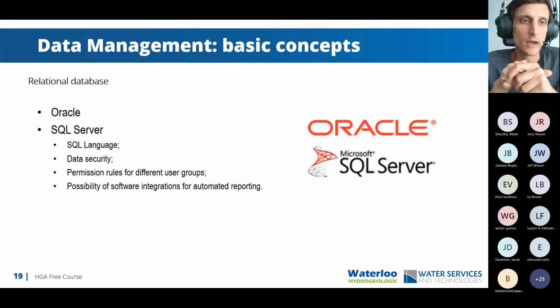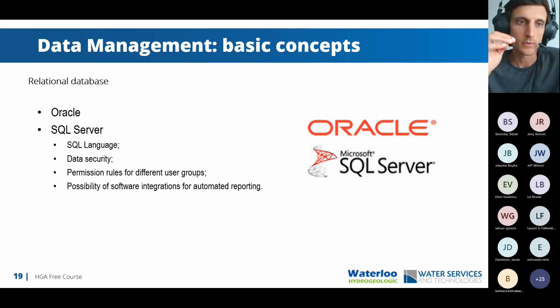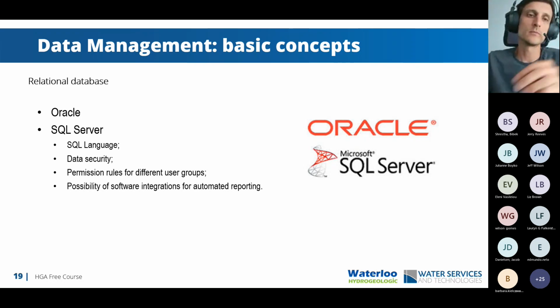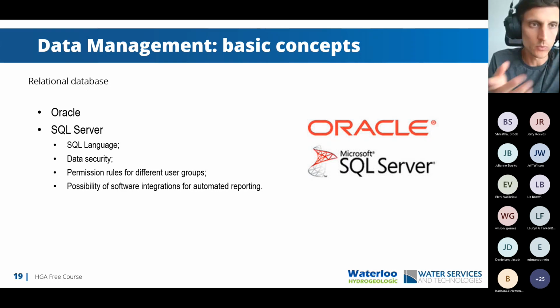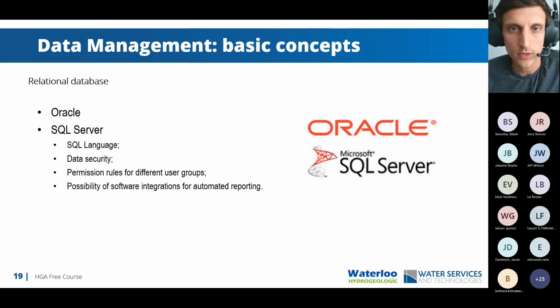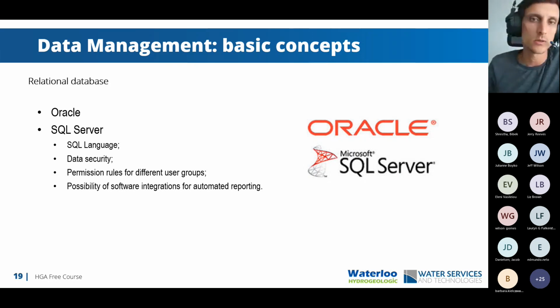It allows you to have data security. You have some permission rules for different groups of people. You have the possibility to integrate your data with all different systems. So they have a lot of advantages when you work with SQL Server. And HA works with Microsoft SQL Server. That's the one that HA works with.